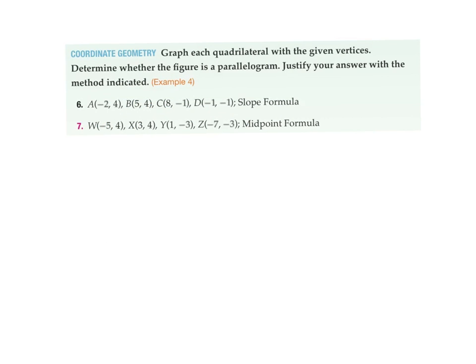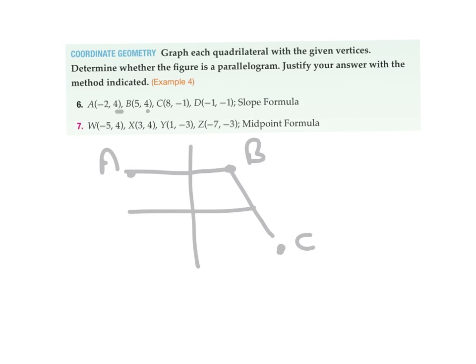Okay, so here's the reason why I always like to plot things. If you plot them, and I'm just going to do it very quickly freehand, A would be over here. B has the same y coordinate, so there you've got a straight line over here. C would be down here at -8, 1, so we've got a point here.